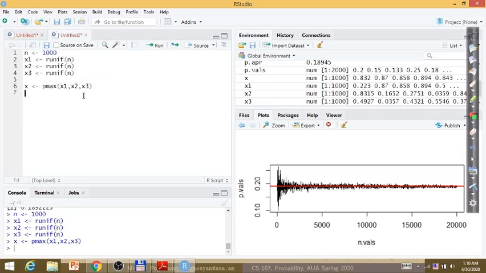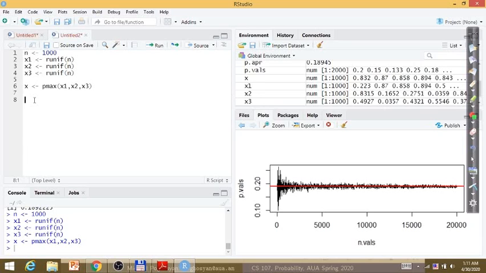If I run this, I will have x, which is a 1000-element vector. It is the maximum of these 3 numbers, rounded to the nearest decimal. The maximum of these 3 numbers was 0.87, etc. So I have that x.